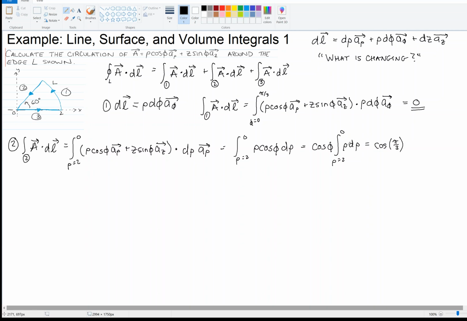And then when I integrate rho d rho, I get 1/2 rho squared from 2 to 0. When I plug in the 0, I get 0, and then minus what I get when I plug in the 2. So 2 squared is 4, divided by 2 is 2. Cosine of pi over 3 is 1/2. So this gives me minus 1.